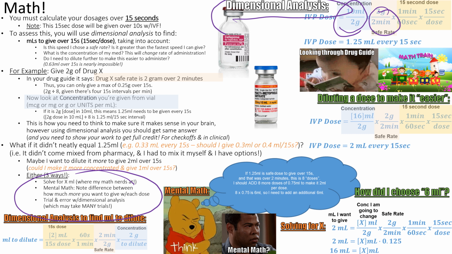So if 0.5 is over 2 minutes, that's 0.5 divided by 8. What is 0.5 divided by 8? Yeah, how are you going to push 0.0625 every 15 seconds? The syringes don't even go that small, because the littlest one is 0.1, right? But I can do 0.1. So what is 0.1 minus 0.0625?